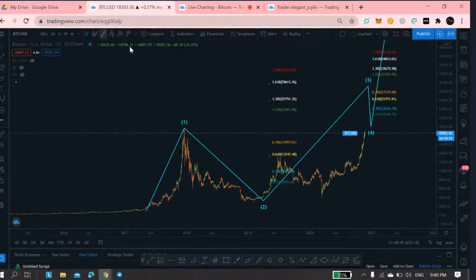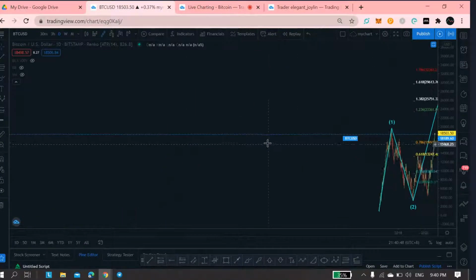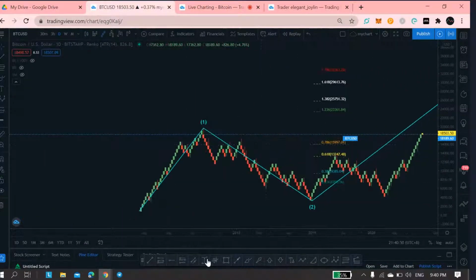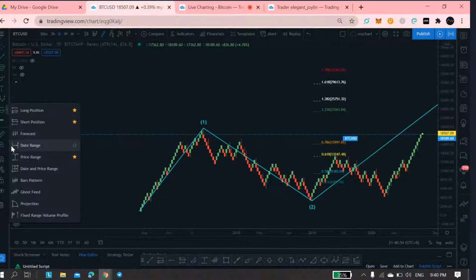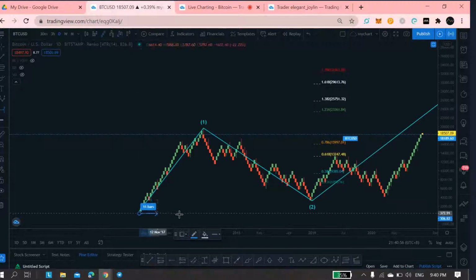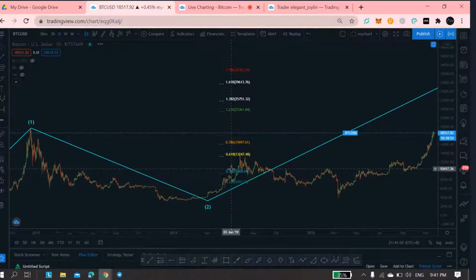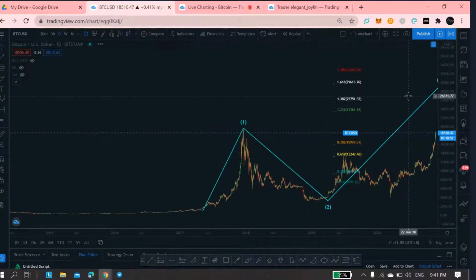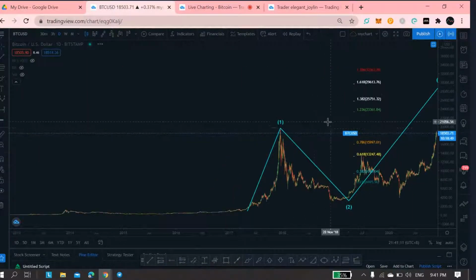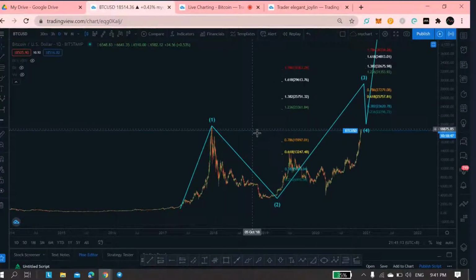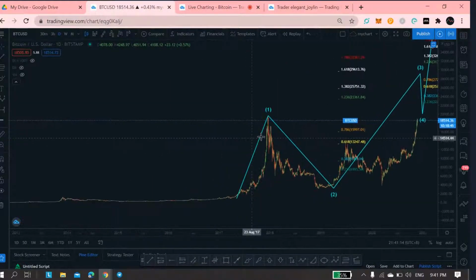Wait, let me check if we can. Yeah, because using this one, we cannot choose the range here. Just 38 bars. So we'll use this one.